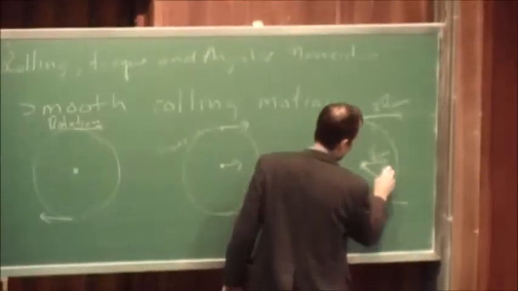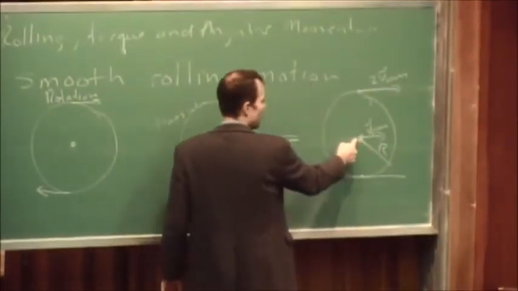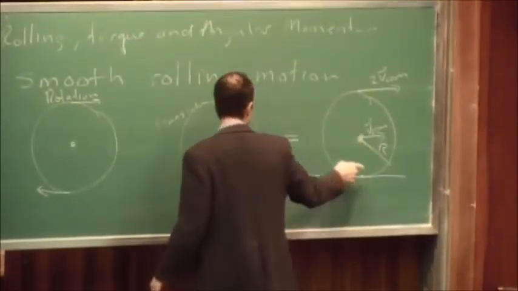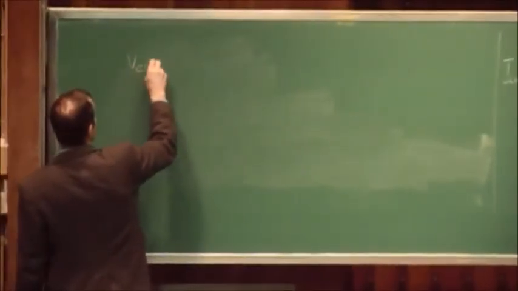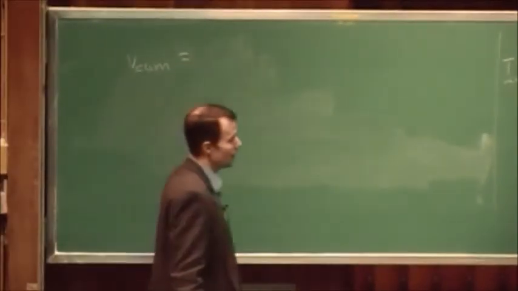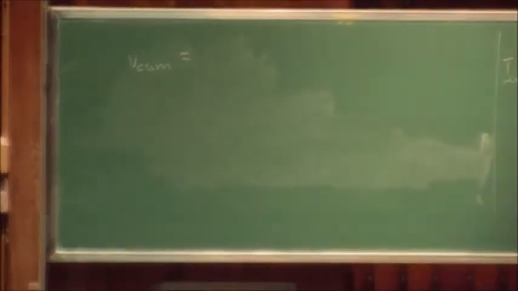Okay, so in pure rolling motion, if I assume that the distance between the center of mass and the point P is r, then the velocity of the center of mass, if I look at it, I can then find out, for example, the rotation frequency.